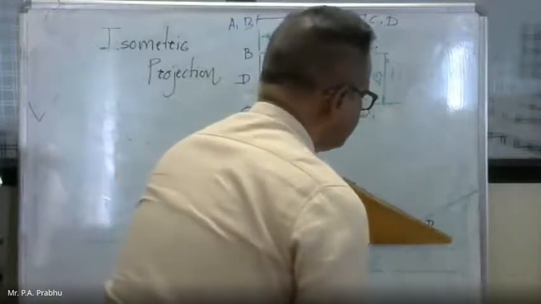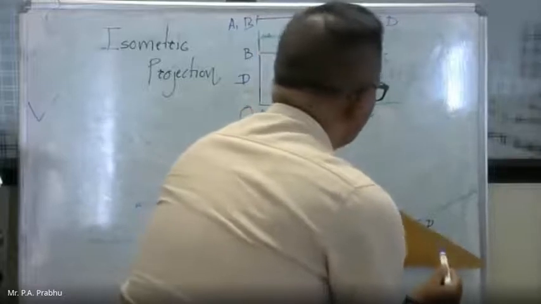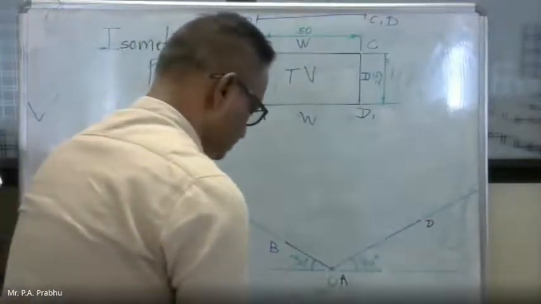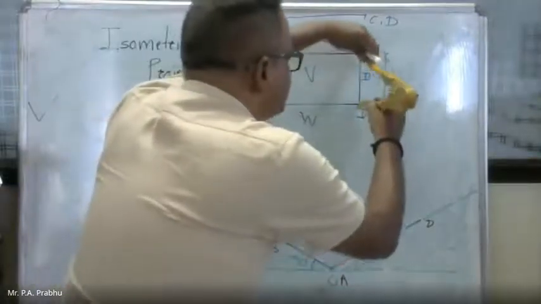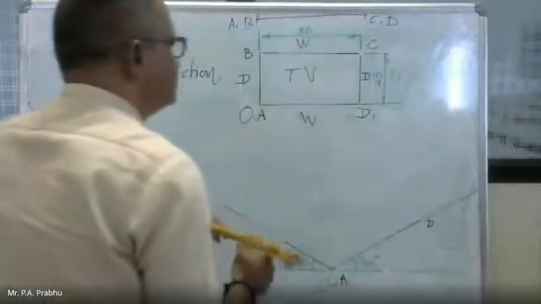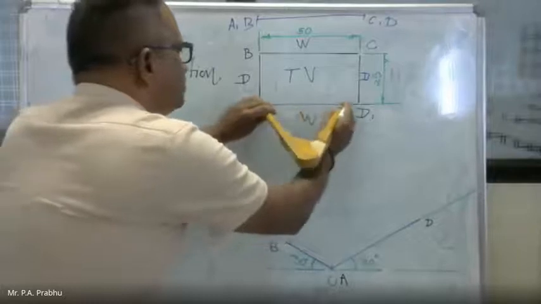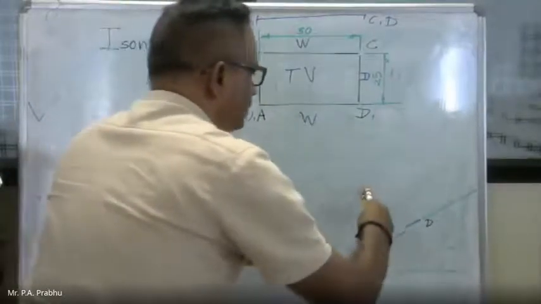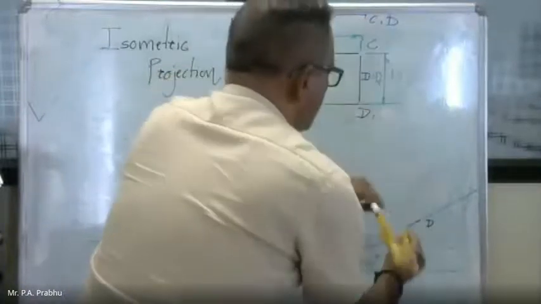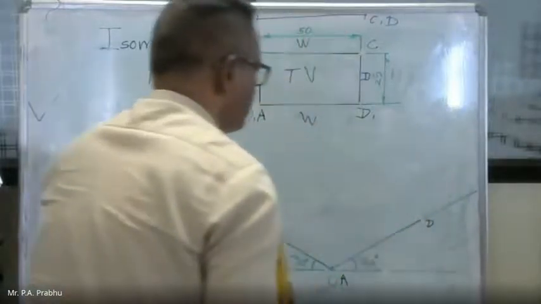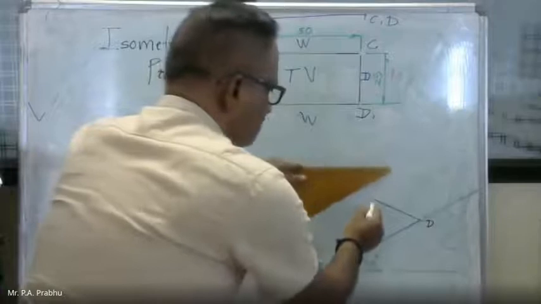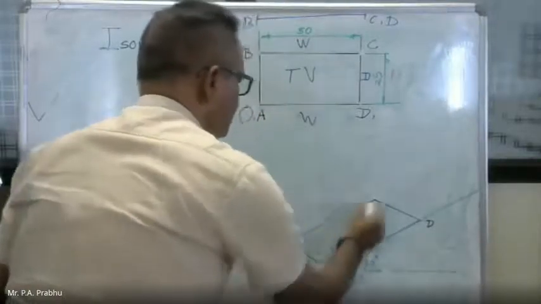Either you can draw the line inclined at 30 degrees through point D, or directly take the dimension from here, that is 25 mm, mark it on this side, then take the width or length from this diagram and mark. So A, B, C, D.